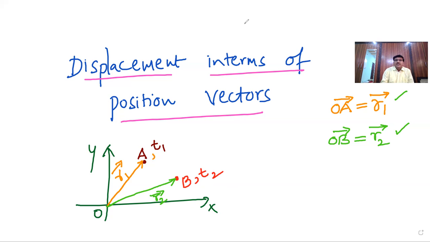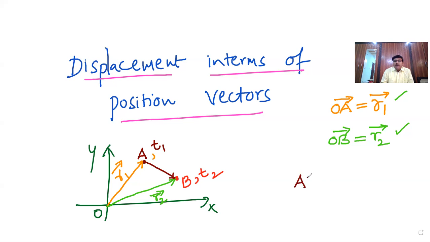That means the object is changing from A to B position. When the object is changing its position from A to B, and connecting this A to B by means of a vector, this AB bar is known as displacement.